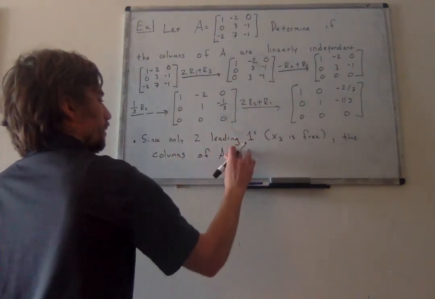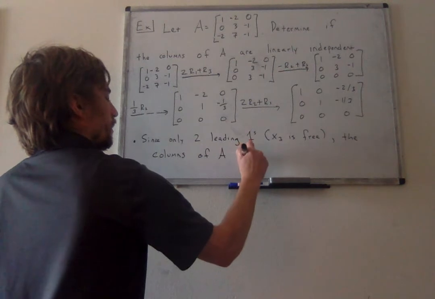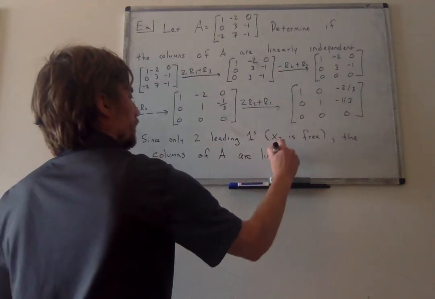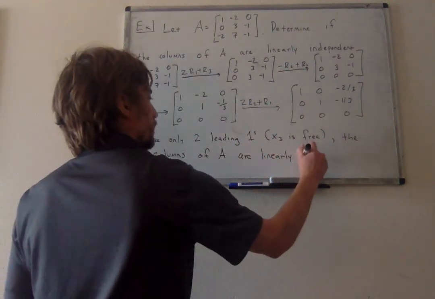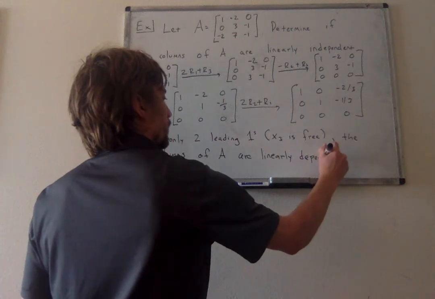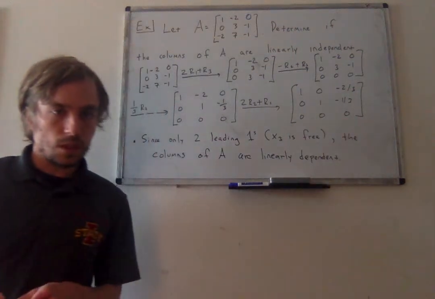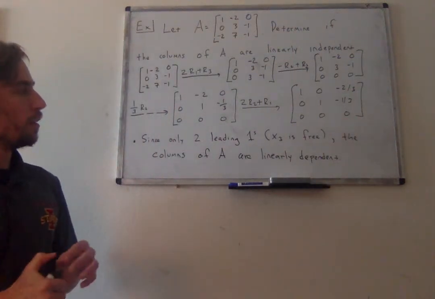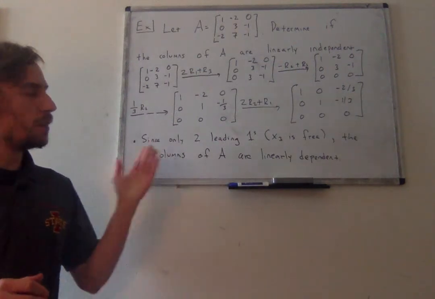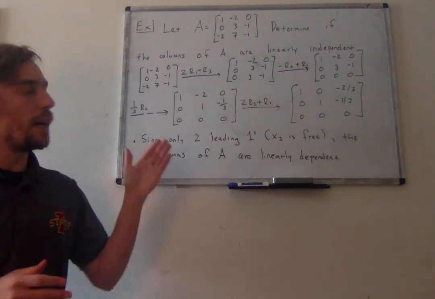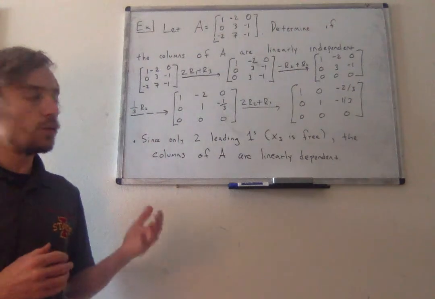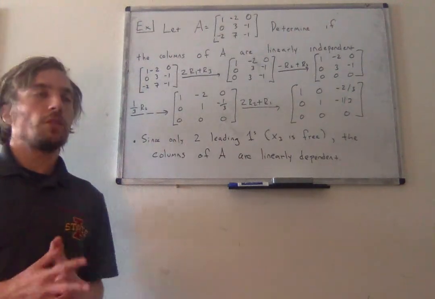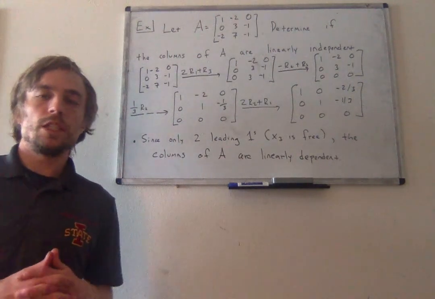They are linearly dependent. So this is what it looks like when we get linearly dependent. However, if we'd had 3 leading ones, they would have been linearly independent. So check back video 2 for more on linearly independent vectors.